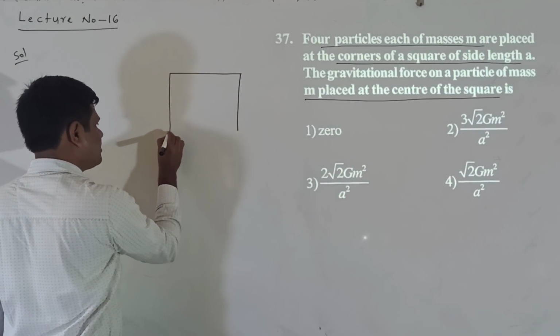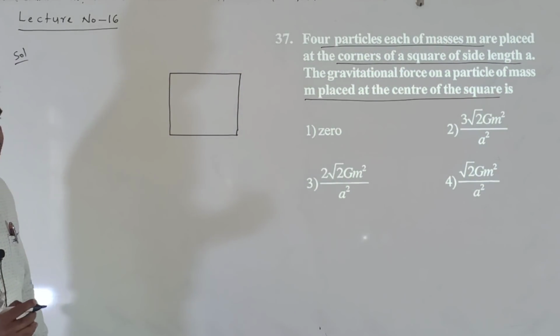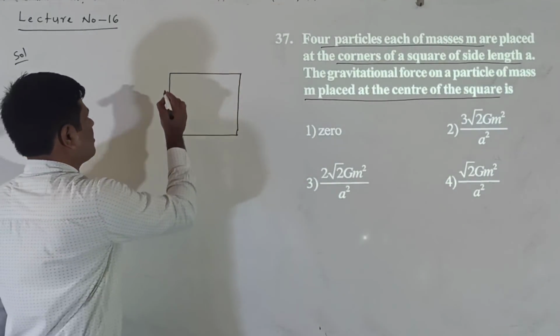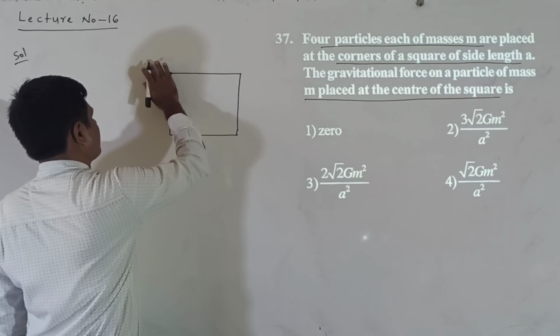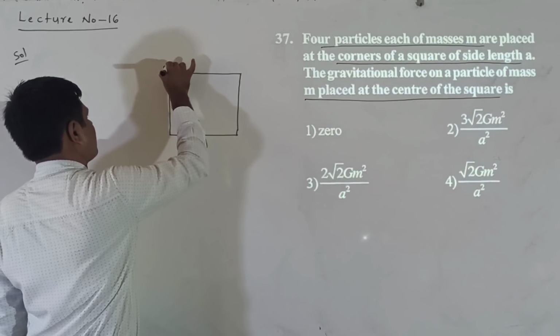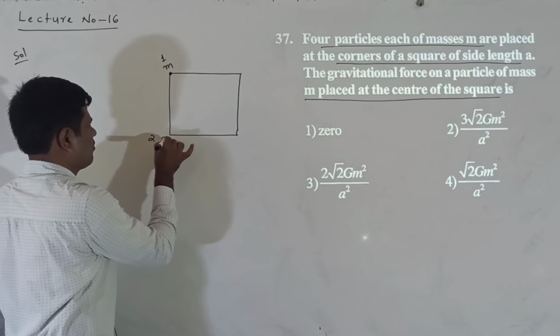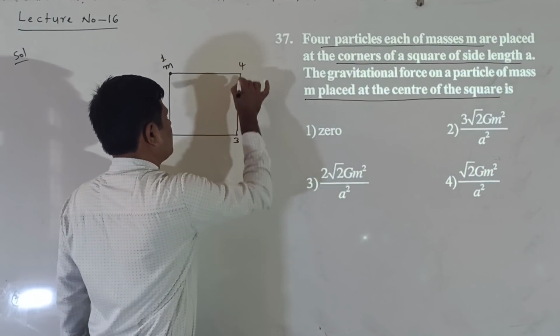This is considered as a square. All sides are equal. Now in this square, this is the first corner I am considering, this is the second corner, this is the third corner, this is the fourth corner.